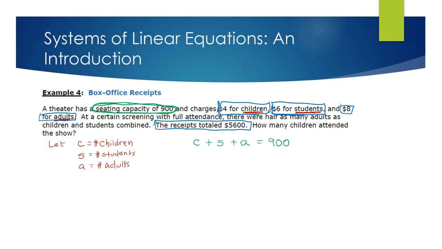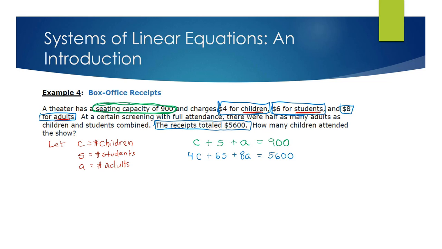So if I want to figure out how much money I earned from each group, 4C would represent the amount of money from children tickets, 6S would represent the amount of money from student tickets, and 8A would represent the amount of money from adult tickets. If I add all those up, that should total the $5,600. So there is my second equation.